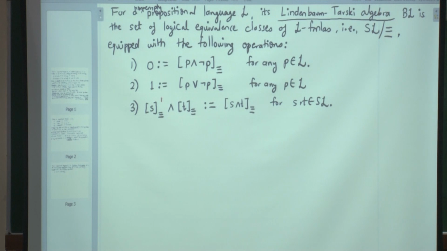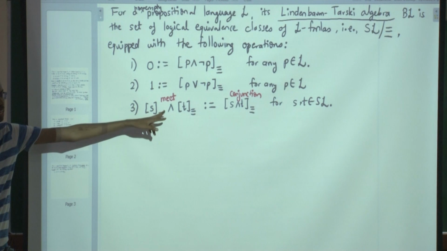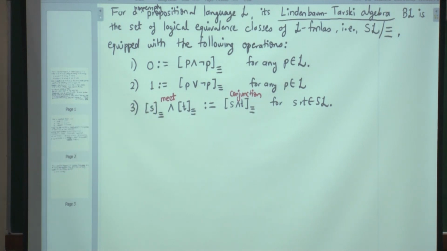This is a meet in the Boolean algebra and this is a conjunction in logic, and I promised you yesterday that we will see their connection. So, the meet in the Boolean algebra is obtained via this. Right now I am defining all these things, but they do not really make sense. Yeah, so we have to prove a result so that all these definitions make sense.